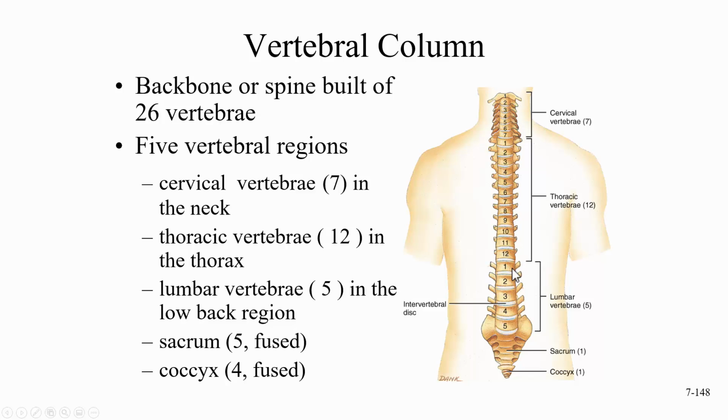In the lumbars, L1 through L5. And then the sacrum, even though these are fused, we'll still call them S1, S2, S3, and so on. And then the coccyx, well, the C is already taken by the cervicals, so we call it CO. Okay, so CO1, CO2, etc.